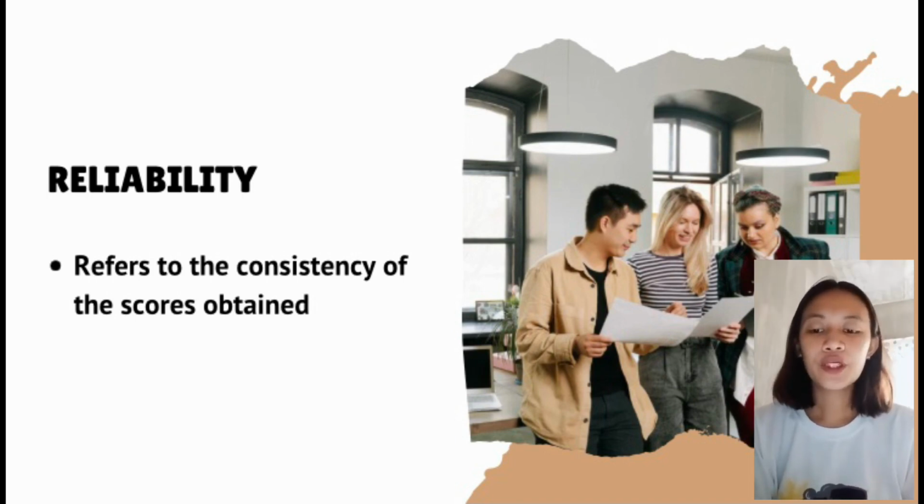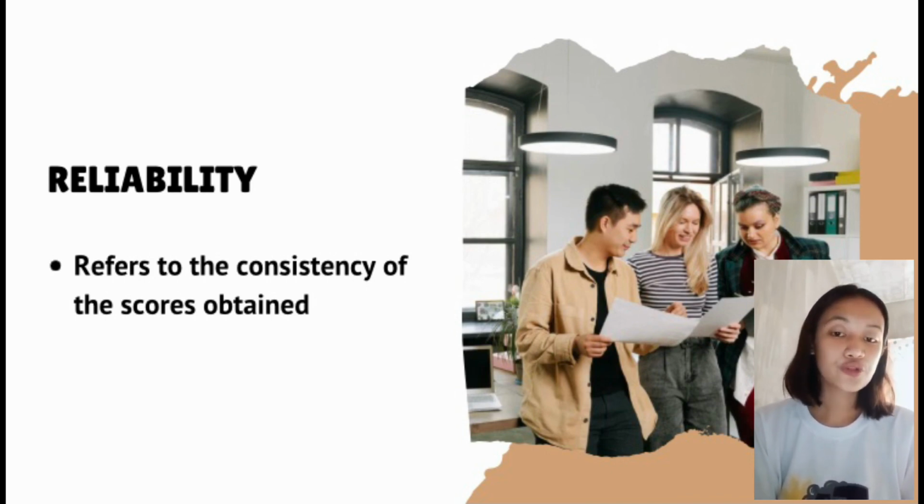Ang example po ng predictive validity, yung National Achievement Test po or tinatawag natin na NAT, with first semester grade point average po. NAT po ba ay napipredict po sa college performance? Construct validity refers to the ability of a test to measure what it is supposed to measure po.